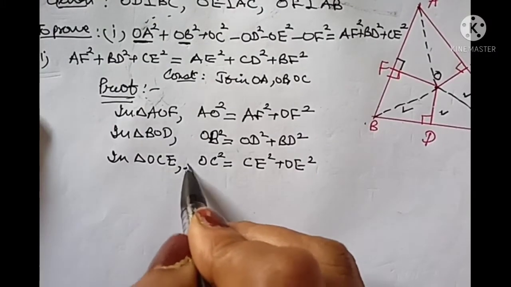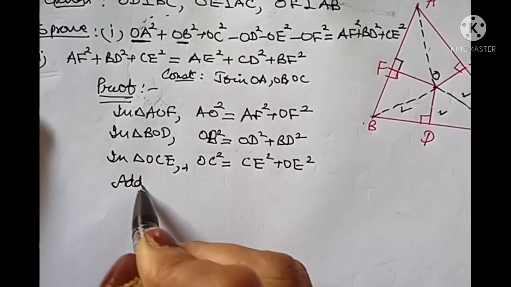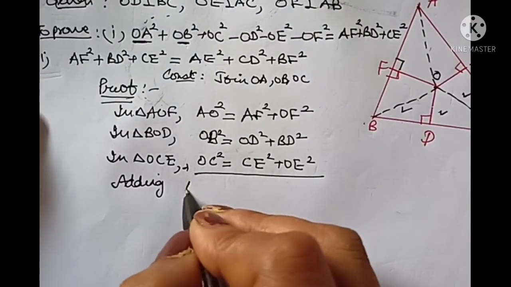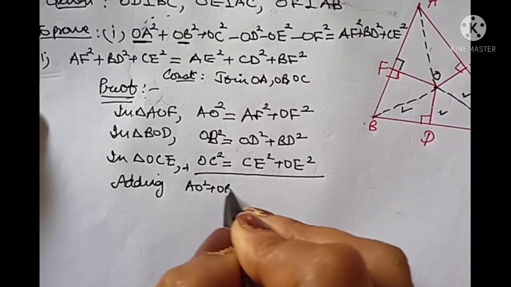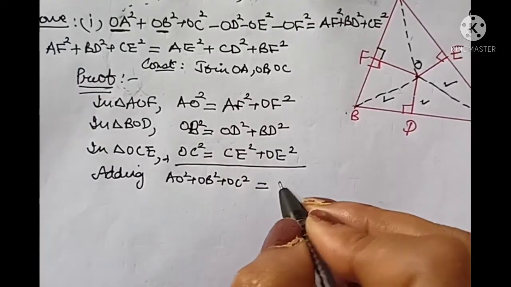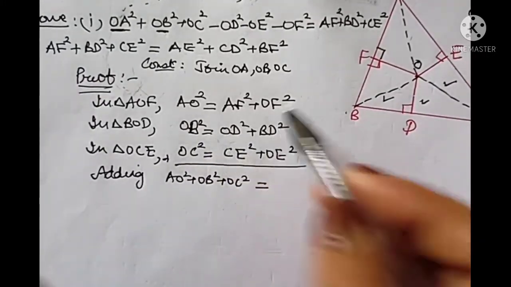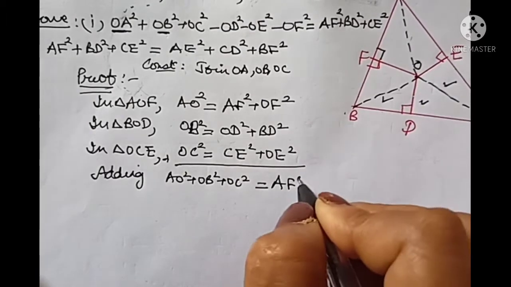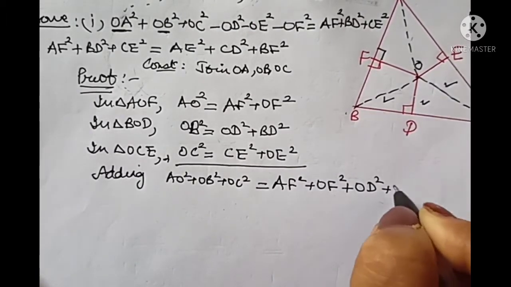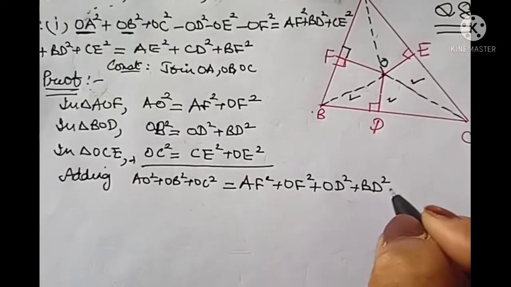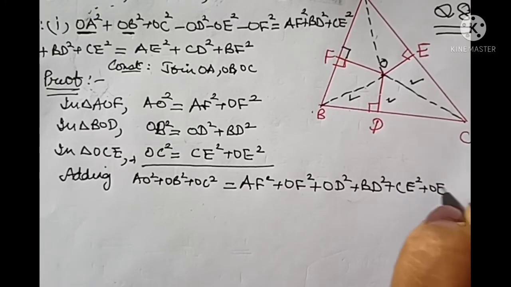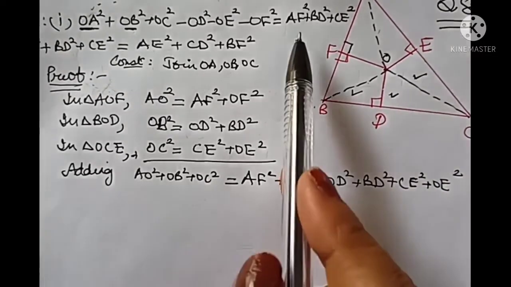Now if I add all of them, adding all the three results that I have written, on left hand side I get AO square plus OB square plus OC square is equal to, you may write like this, you may write like this, it hardly matters. You simply have to write the 6 terms that are there on the right hand side. Just do not try to cram anything at all. Alright, now let us compare to what we need.